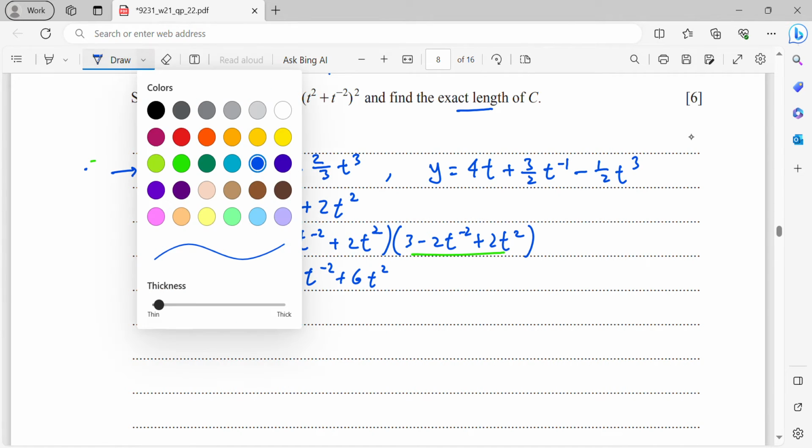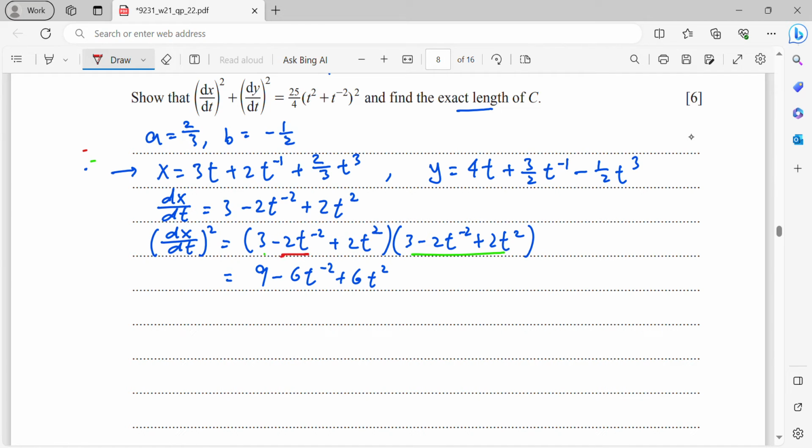And then the next is multiply the second brackets by minus 2t negative 2. So here I will get negative 6t power negative 2. So minus minus is a plus 4t. Degree minus 2 times degree negative 2 means that you plus. So degree negative 4. Then lastly, negative 2t power negative 2 multiply with 2t power 2. It will be just minus 4. Because t power negative 2 times t squared, it will be t degrees 0.